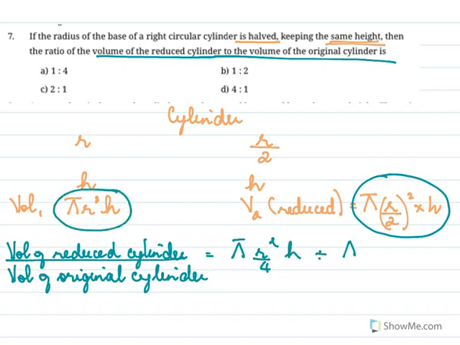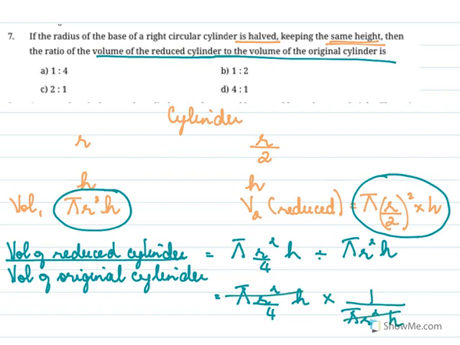This is the original cylinder, so pi r square h. So pi r square over 4h. The division makes multiplication, 1 over pi r square h. So pi r square h cancels. What remains behind is 1 by 4. So the ratio is 1:4. So here is the right option, 1:4.